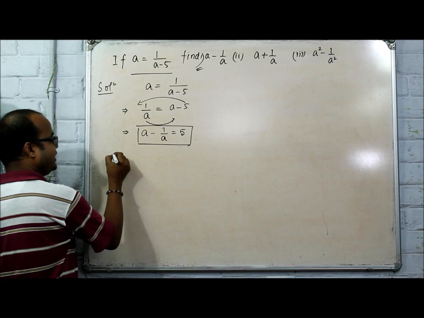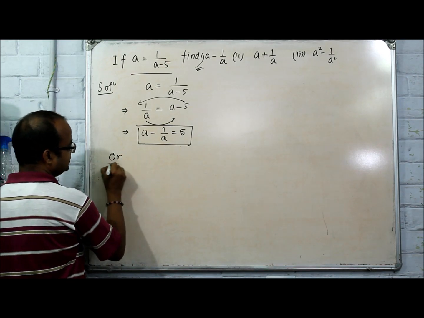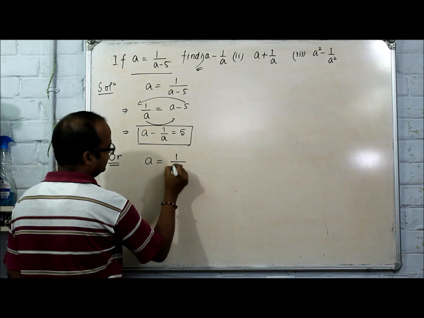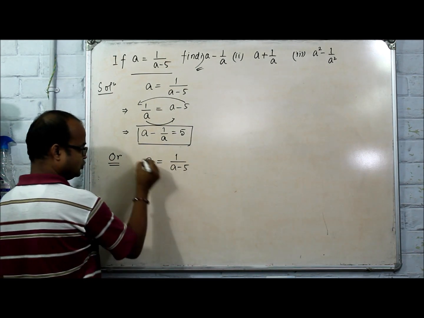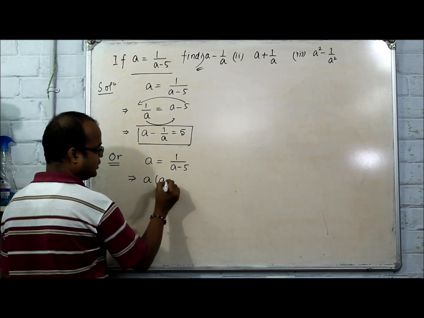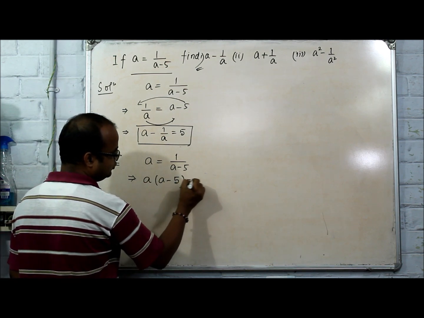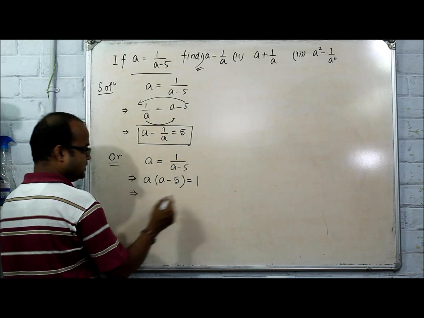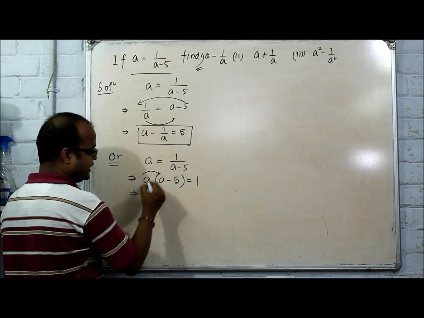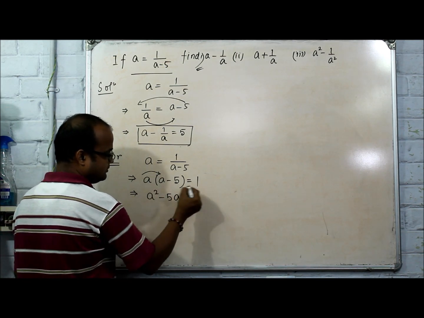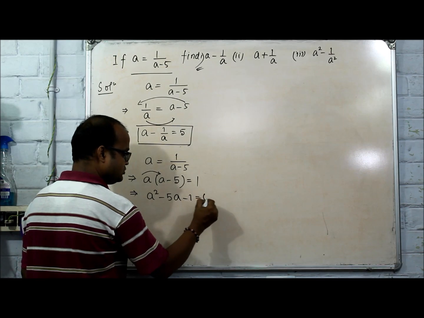There is another way you can solve this. A is equal to 1 upon a minus 5. Apply cross multiplication. Then you get a into a minus 5 is equal to 1. If you simplify, a square minus 5a minus 1 is equal to 0.